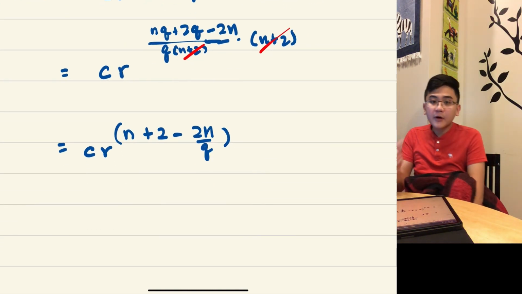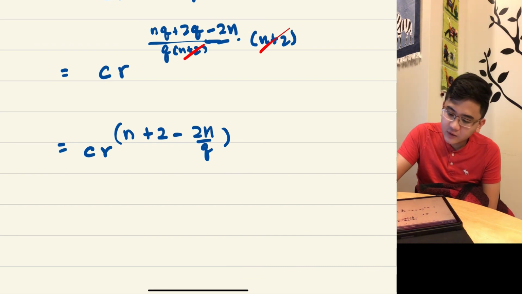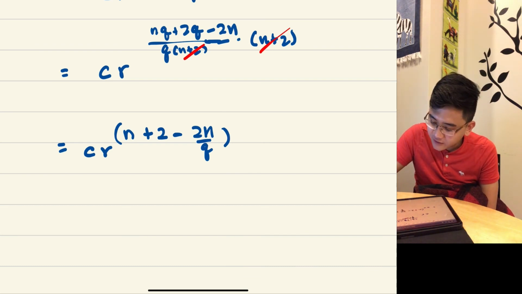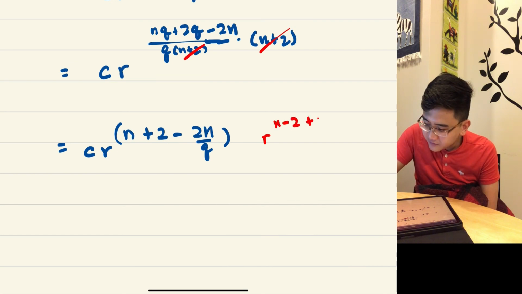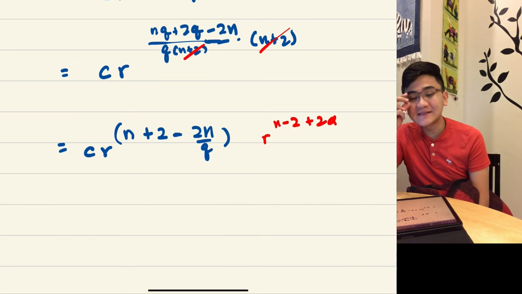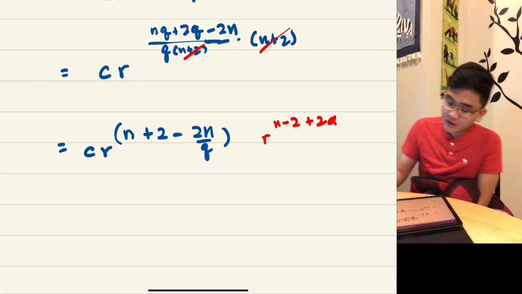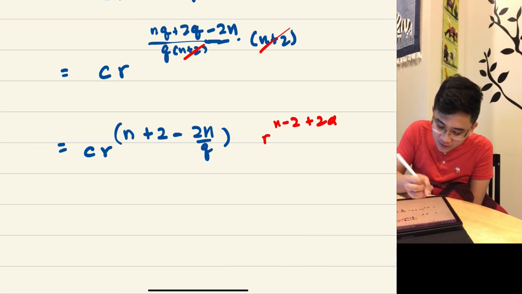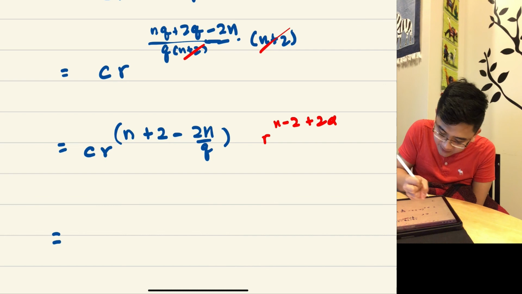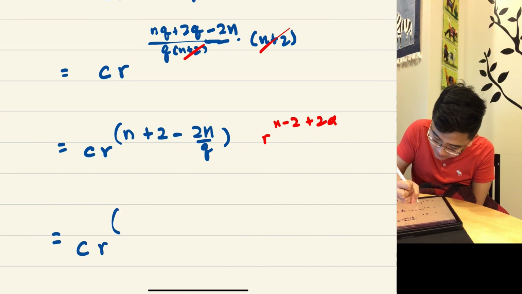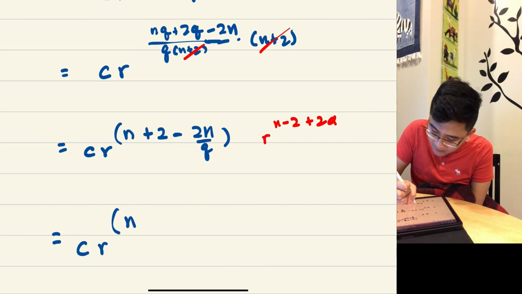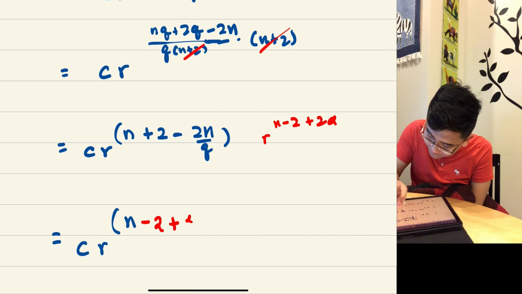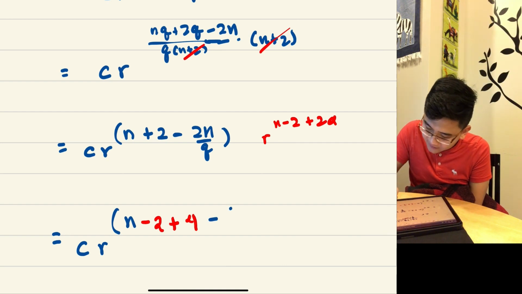So remember, what do we want? We want the exponent of r to be of the form n minus 2 plus 2 alpha, where alpha is less than 1, greater than 0. So we're going to force this to appear. I am going to write this as c r raised to n minus 2 plus 4 minus 2n over q.